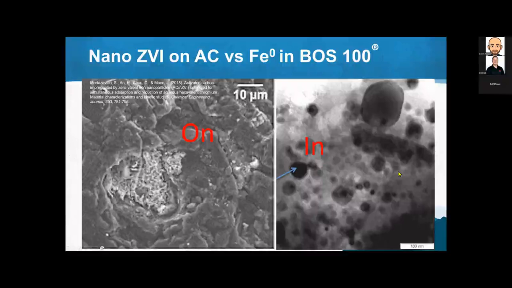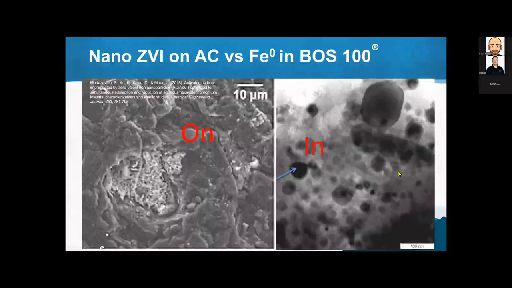It is a very different product. Nothing else on the market is like it. What's important to think about is that the iron and the carbon are both conductors, and they are electrically and chemically one item in the BOS 100 compound. This is made by heating the iron and the carbon to 850 degrees C so that they essentially become one thing.